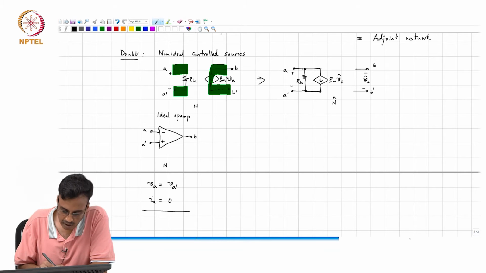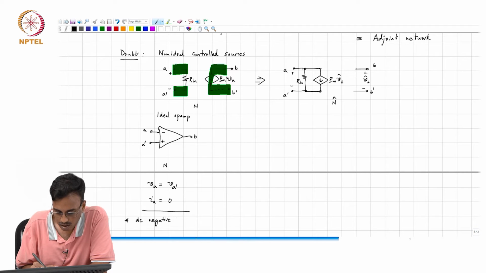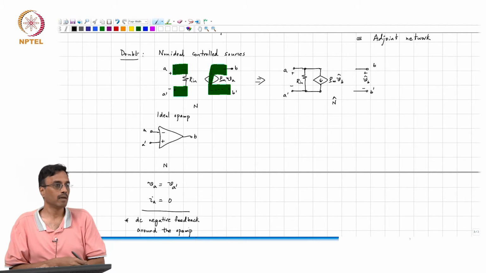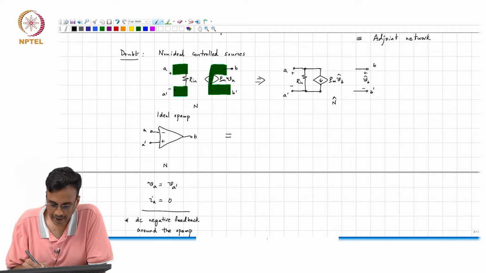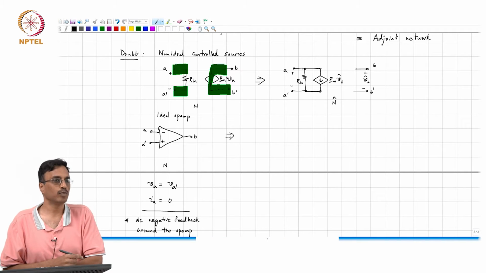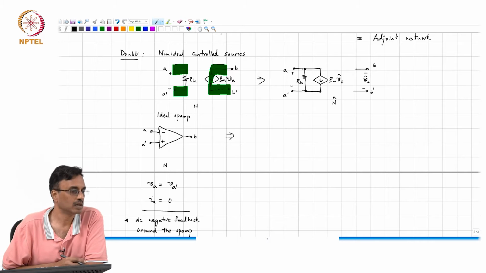The most important thing to realize is that this is negative feedback, or rather DC negative feedback, around the op amp. Alright. Okay. So in N, if you had an ideal op amp, what comment can you make about what you should do in the adjoint network?